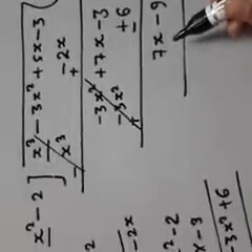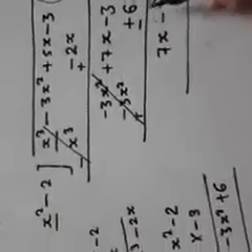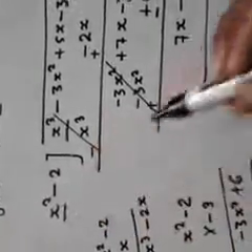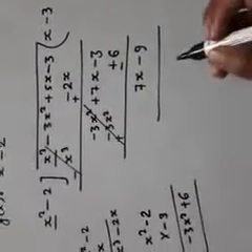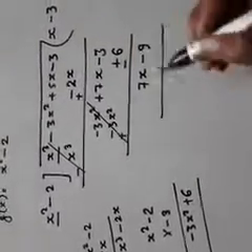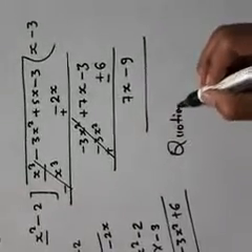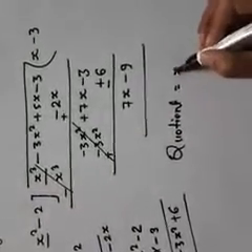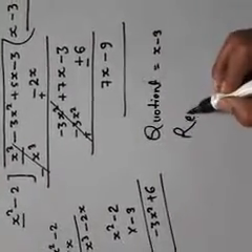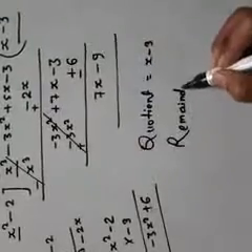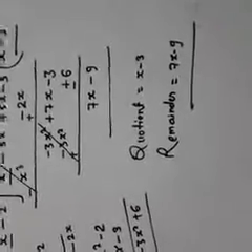Now you can see, students, 7x, the power of x here is 1 and the power of the divisor is 2. It means the division is complete. We cannot divide it further. So the quotient we obtained is x minus 3, and the remainder is 7x minus 9.